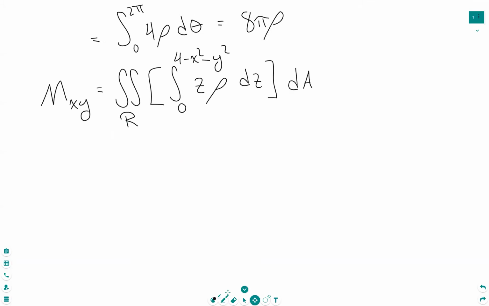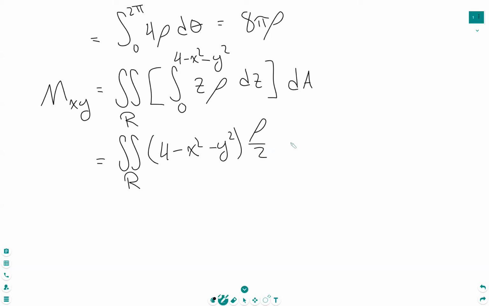Well, I can do the z integral. So this is the double integral over R of 4 minus x squared minus y squared, rho over 2. Oh, and this should be squared here. Yep, dA. Okay, so now this is the double integral that I need to compute.